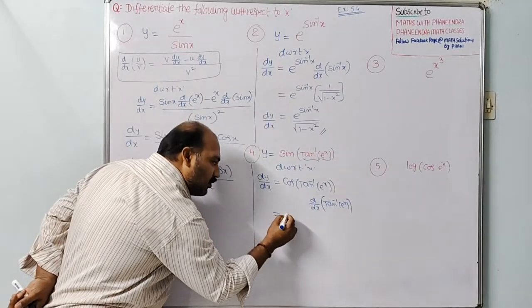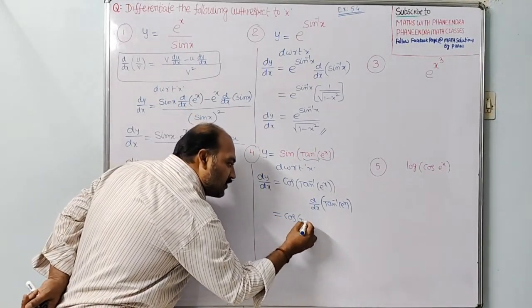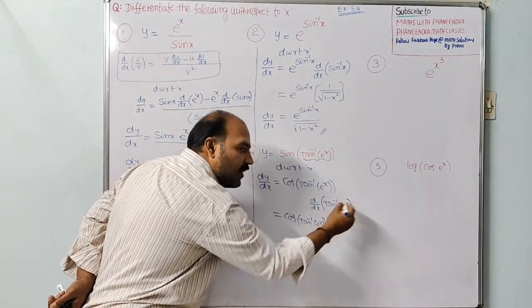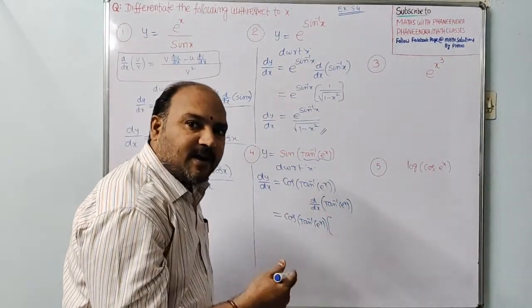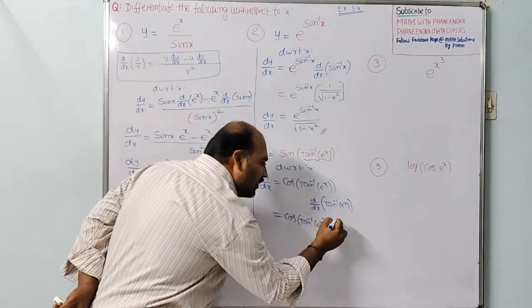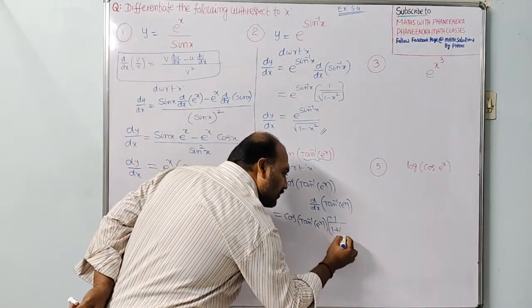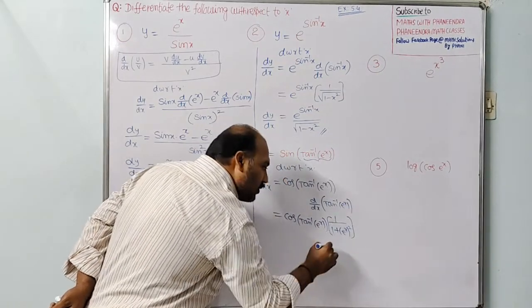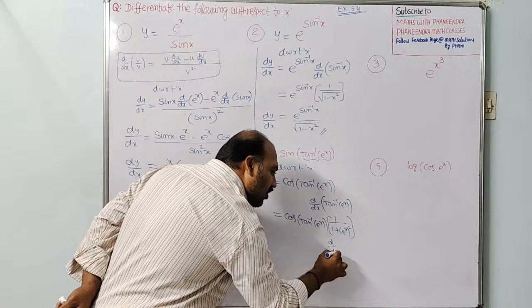So it is cos of tan inverse of e power x into d by dx of tan inverse x. What is d by dx of tan inverse x? 1 by 1 plus x square, where x here is e power x, so 1 by 1 plus e power x whole square. Again, e power x you have to differentiate.